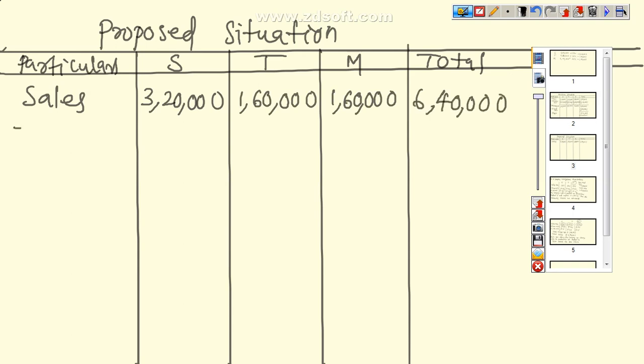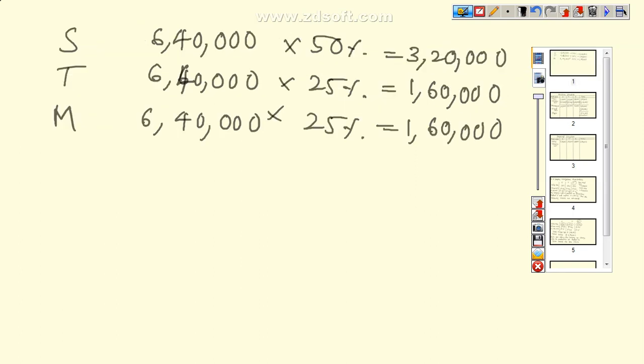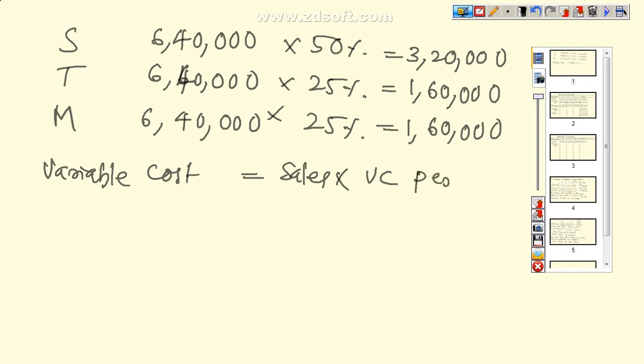Now we have to deduct variable cost. Again we apply the formula: variable cost is equal to sales into variable cost per unit upon selling price per unit.